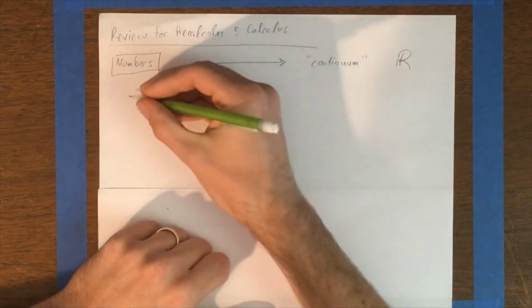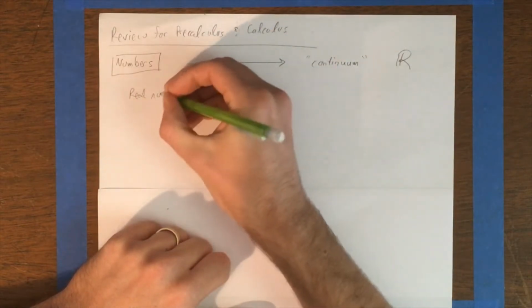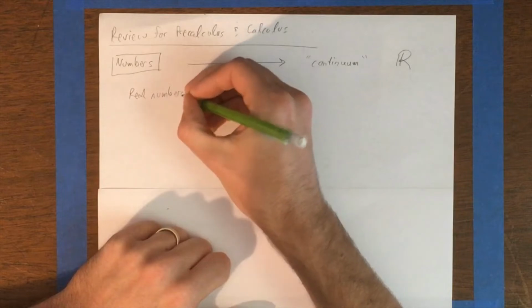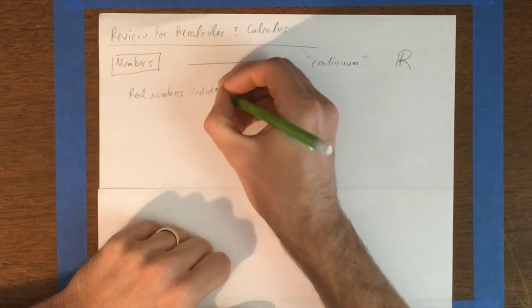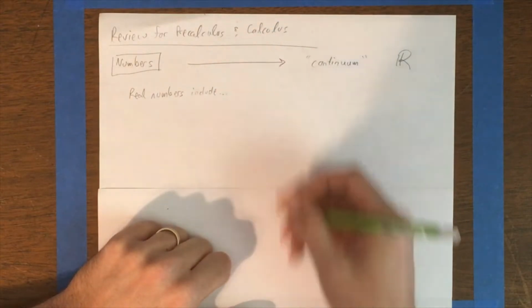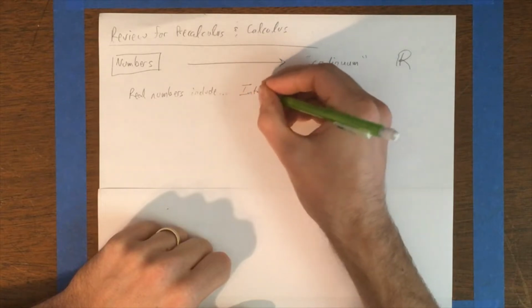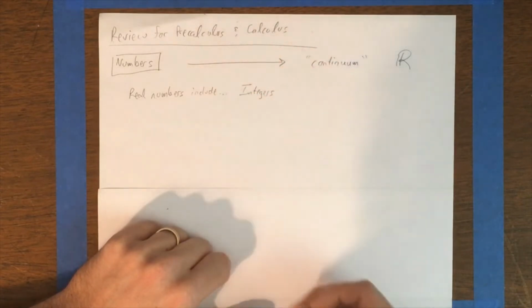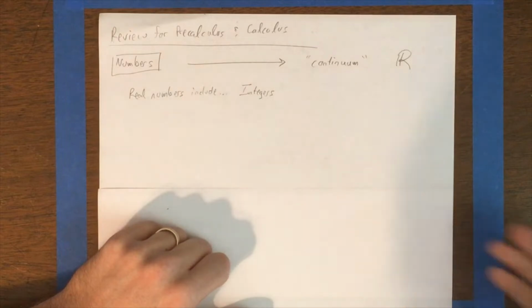Okay, so real numbers include a number of things. First, they include integers, which are numbers like 0, 1, 2, 3, -1, -2, and so on.